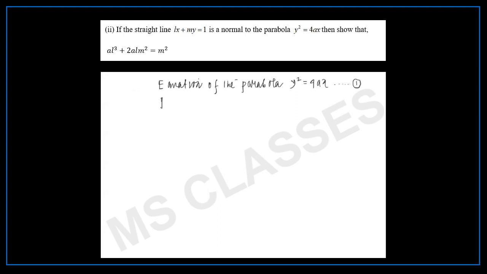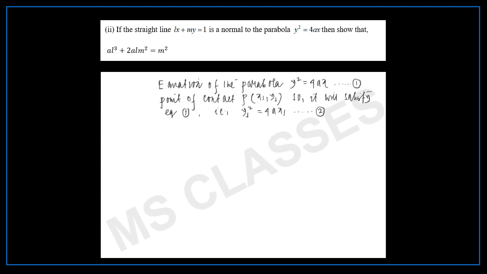Now the point of contact P(x1, y1), P just for denoting it as a point. Since it is the point of contact, it will satisfy equation 1, that is y1 square equal to 4ax1. We mark it as 2.